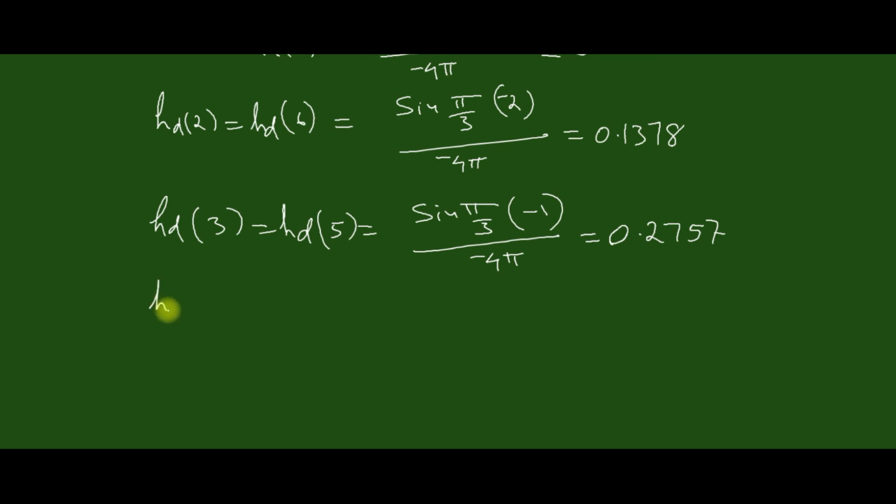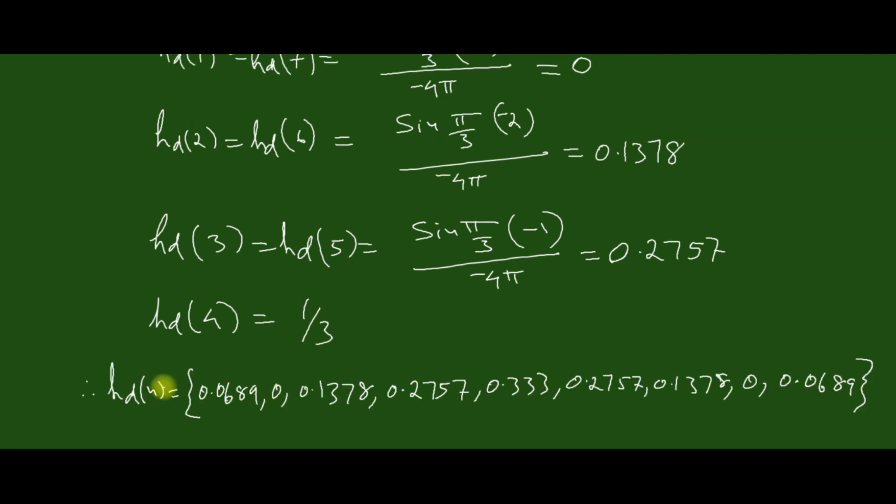And hd of 4 we have already computed as 1 by 3. So we get the desired impulse response sequence as this one. 0.0669 corresponds to n equal to 0, then n equal to 2, which is 0, then n equal to 3 to 4, then you have the symmetric values on the other side.